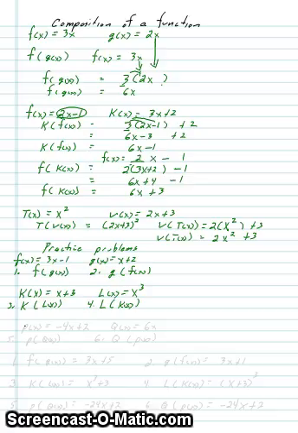And for the last two practice problems, we'll have p of x, which is equal to negative 4x plus 2, and q of x, which is equal to 6x. So for practice problem 5, we will do p of q of x, and for practice problem 6, we will do q of p of x.